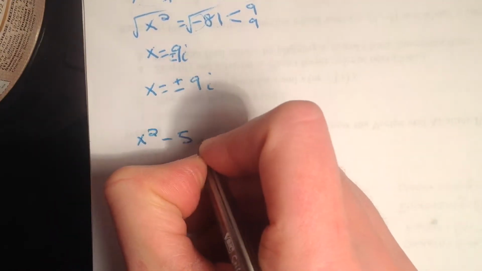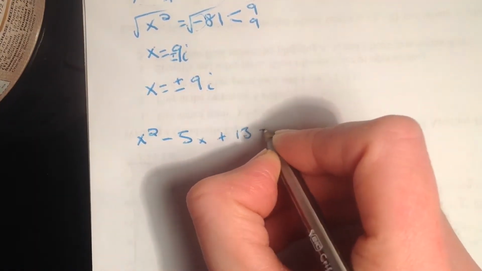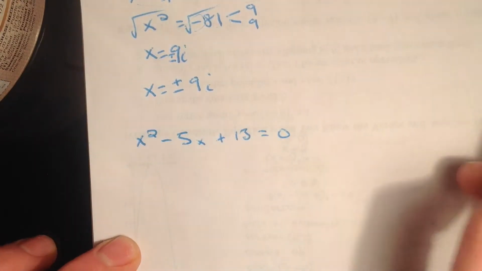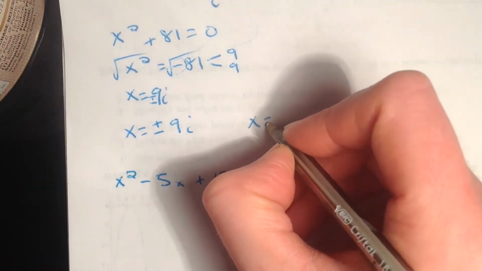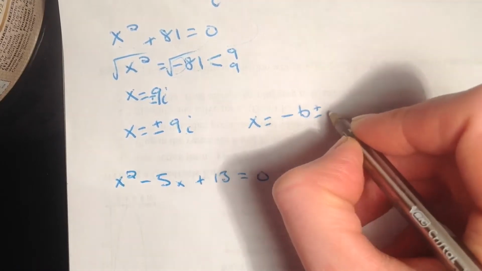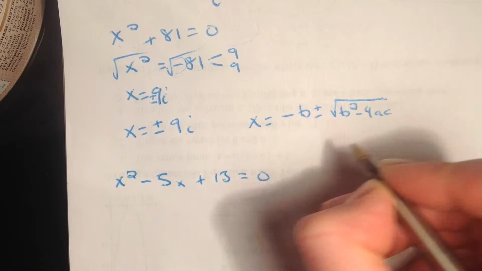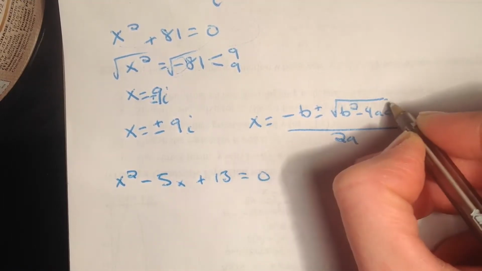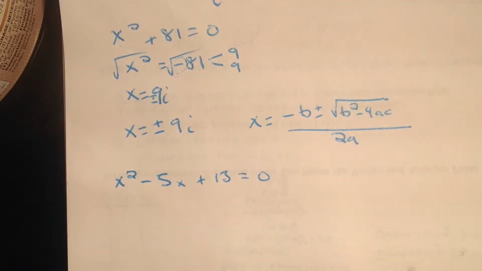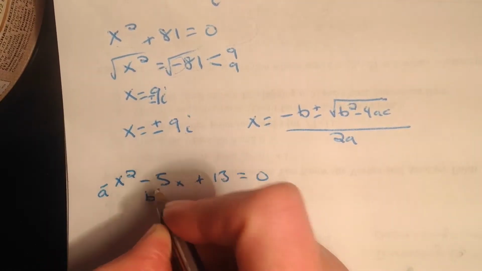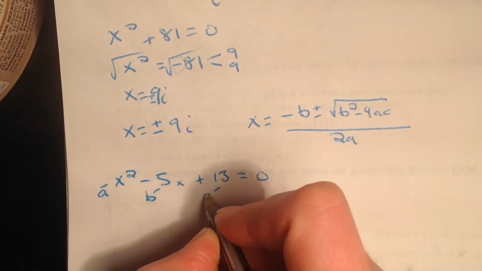x squared minus 5x plus 13 equals 0. Quadratic formula, we'll write it up here to remind us. x equals negative b plus or minus the square root of b squared minus 4ac all over 2a. So, putting things in, a of 1, b of negative 5, c of 13.